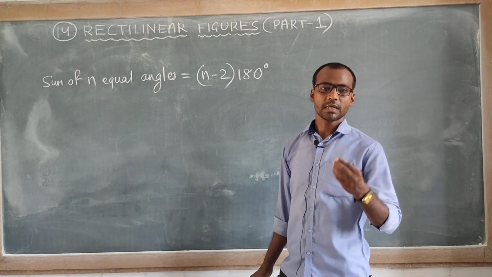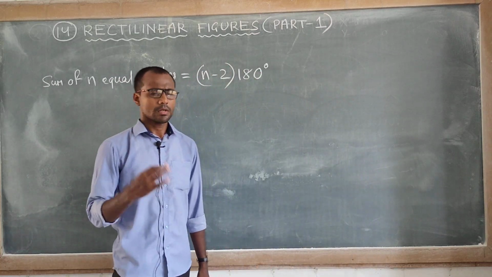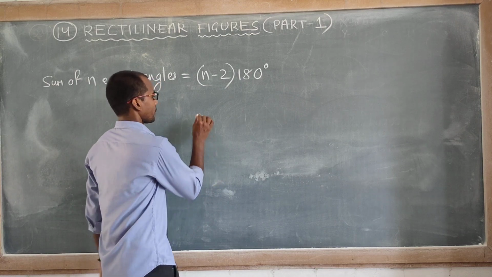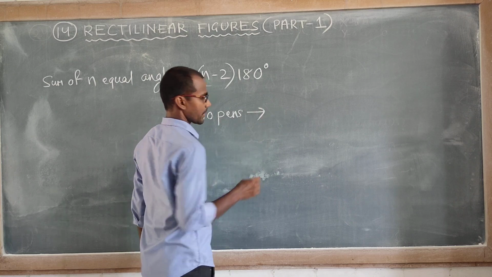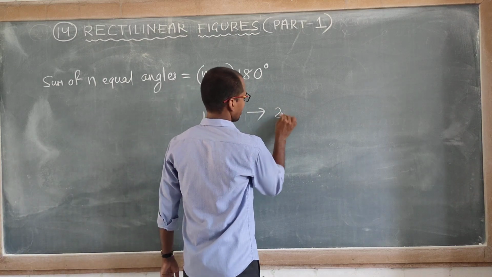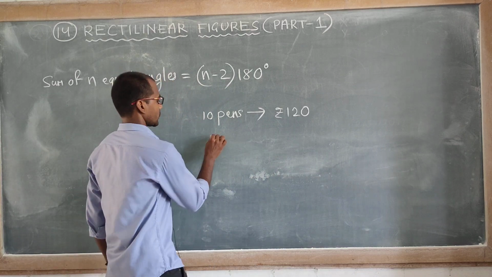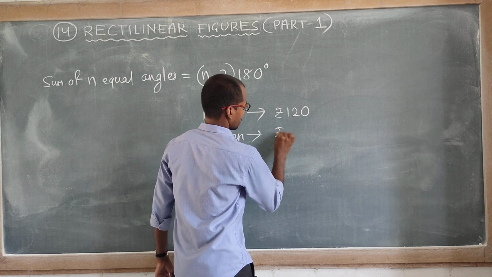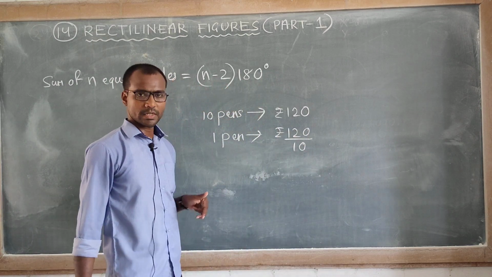So what is the value of each interior angle? You can use the unitary method. Suppose the cost of 10 pens is rupees 120. Then the cost of 1 pen will be rupees 120 by 10.